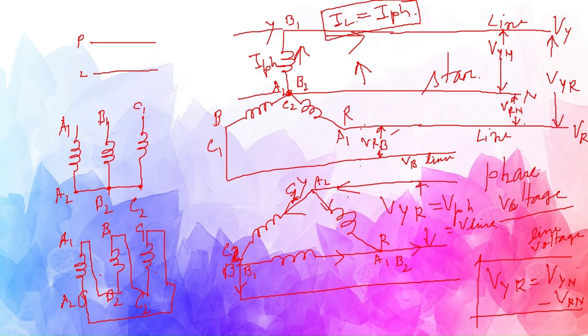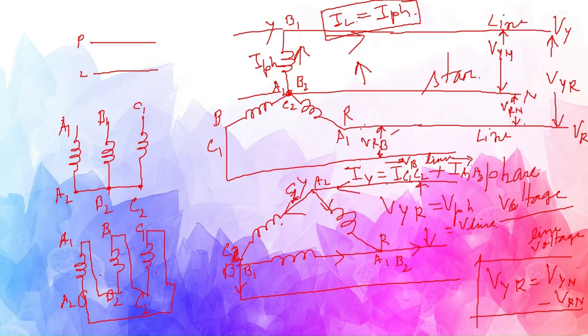Now what it means is that this current, let's say this is Iy. Iy is a vector sum of these phase currents, vector sum of IC1C2 plus IA1A2, vector sum of these two.